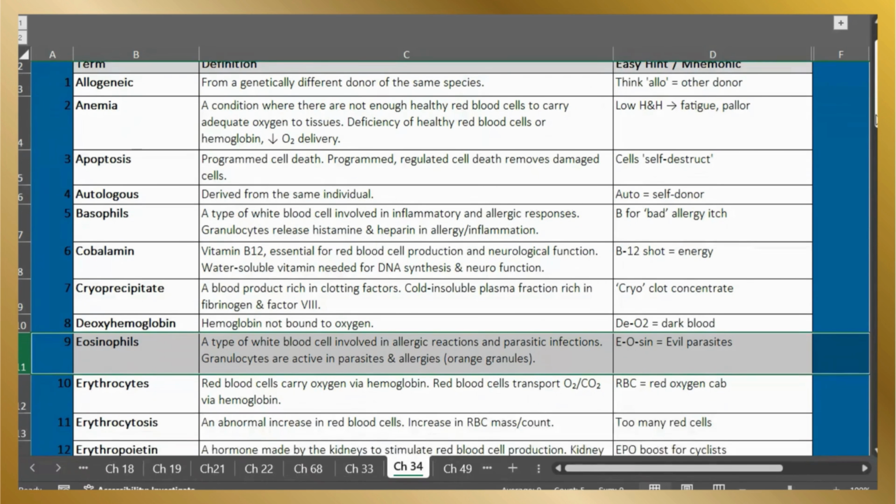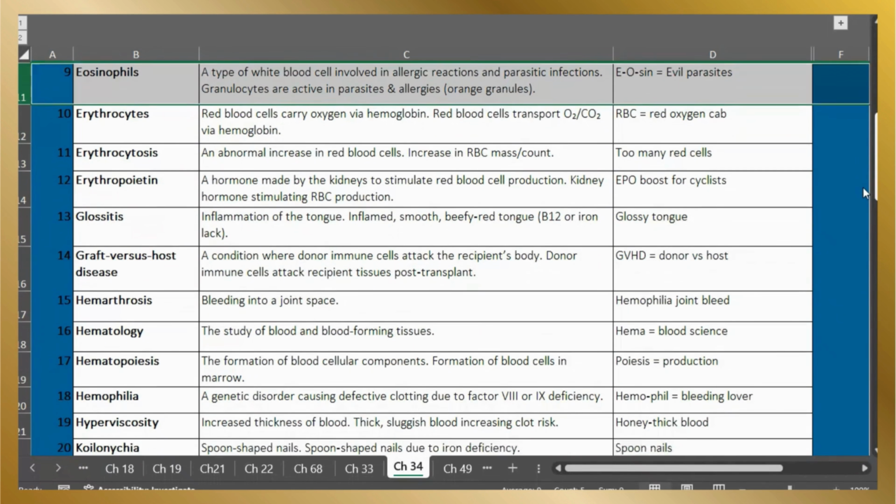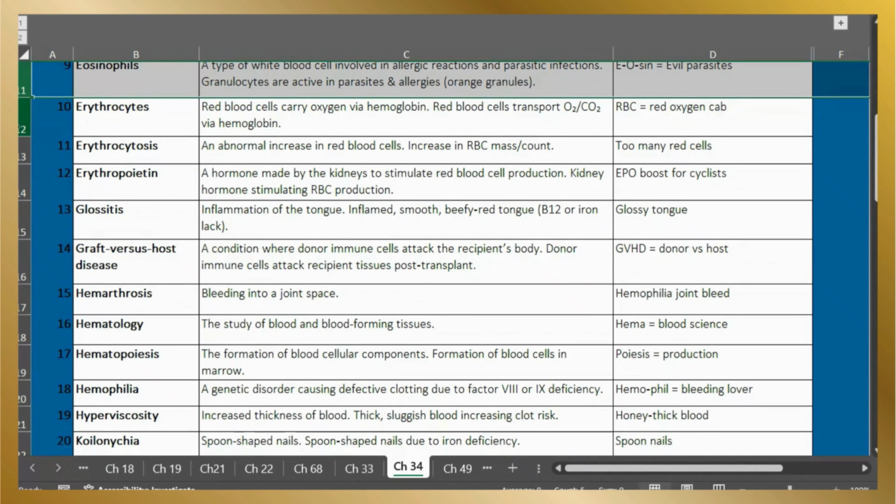Then I'm going to scroll a little bit down. Then we have erythrocytes. We know it's the red blood cell, which carries oxygen via hemoglobin. Red blood cells transport O2 and CO2, carbon dioxide, via hemoglobin. So RBC, it's the red blood cells.